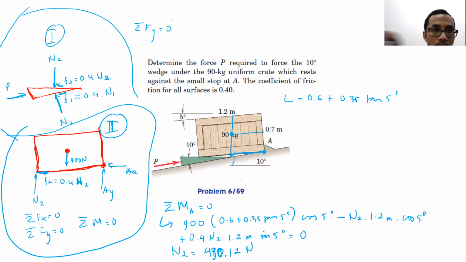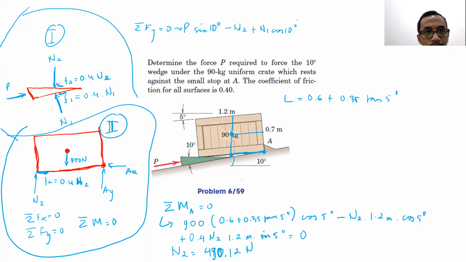P sine 10 degrees. What else? Minus N2. Then plus N1 cos 10 degrees, right?